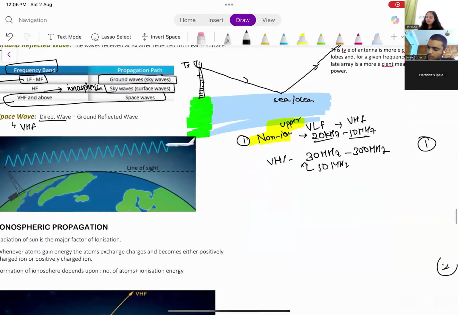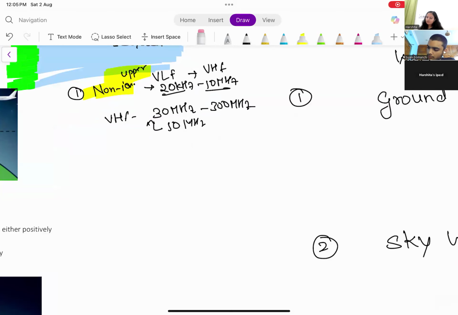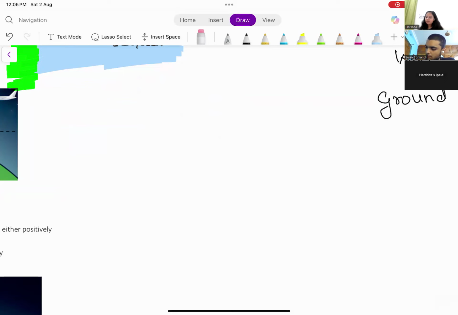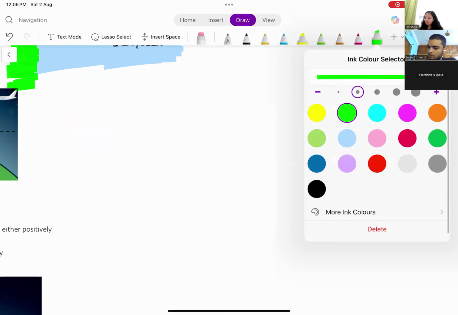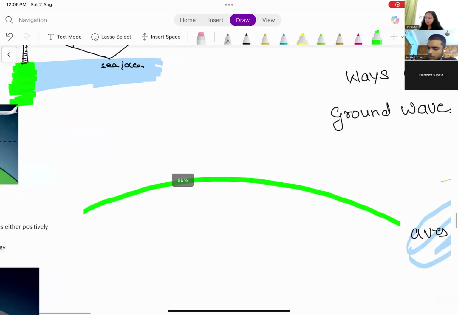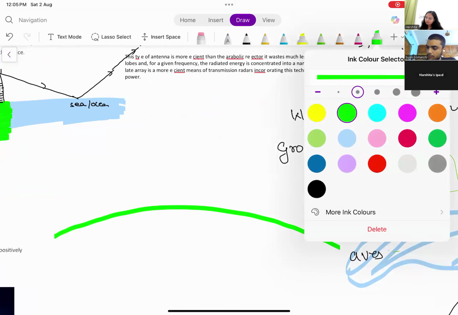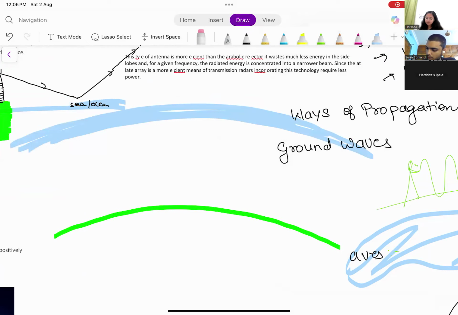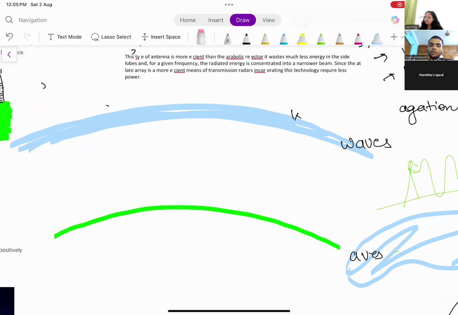Now let's revise all that we have studied in one diagram. This is our ground. This is our space. Number one, what was the first wave we had studied about?